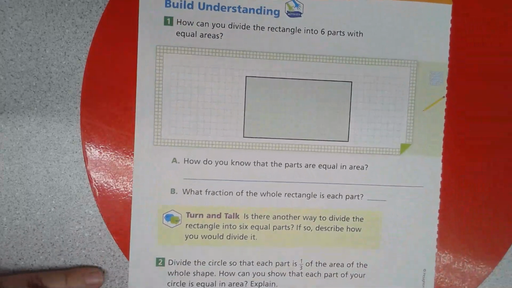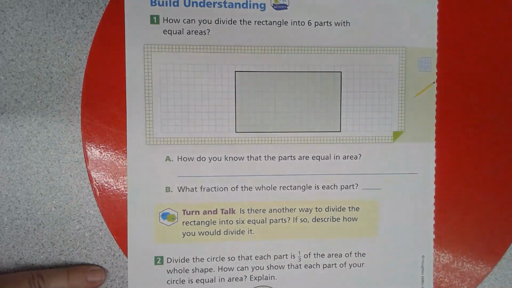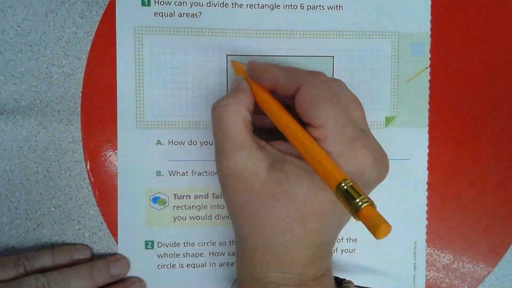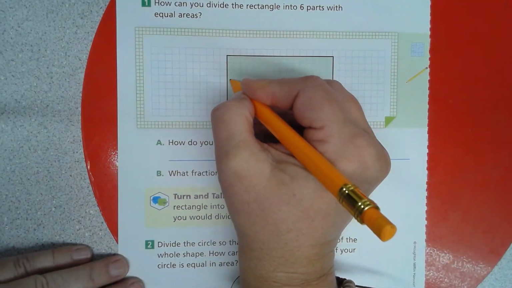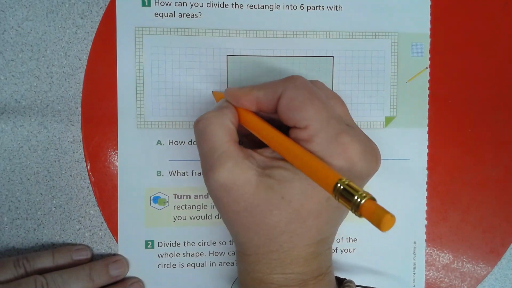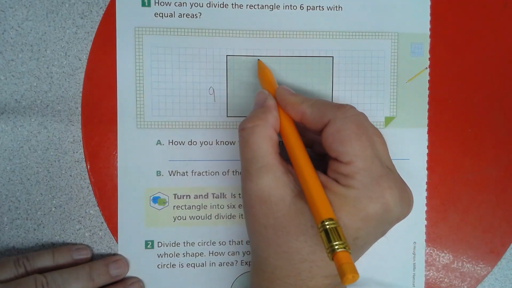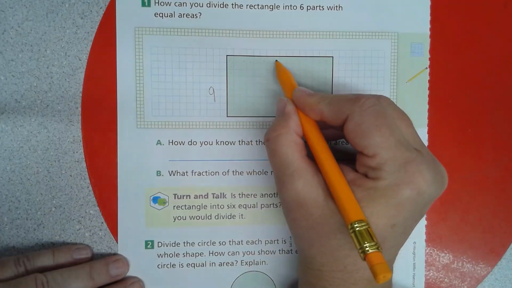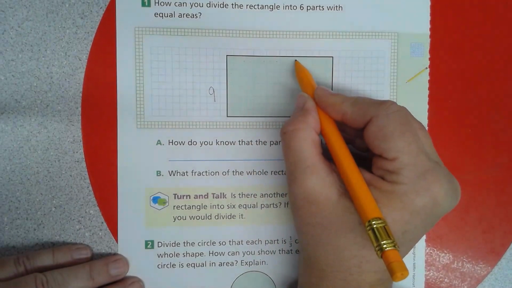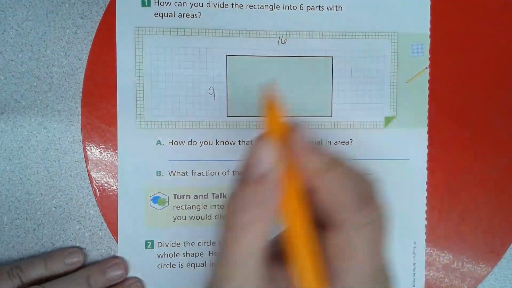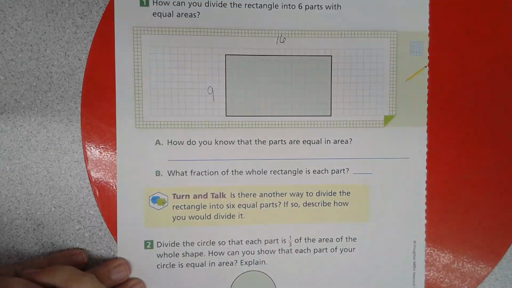All right, how can you divide this rectangle into 6 parts with equal areas? Well, let's see what we've got to start with. We've got 1, 2, 3, 4, 5, 6, 7, 8, 9. And this is 1, 2, 3, 4, 5, 6, 7, 8, 9, 10, 11, 12, 13, 14, 15, 16. Okay? So, equal areas.